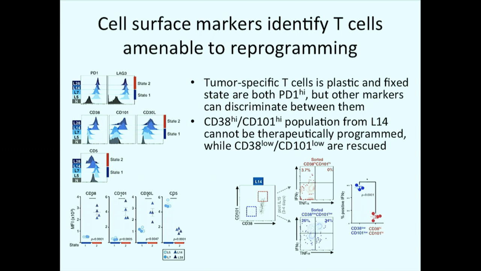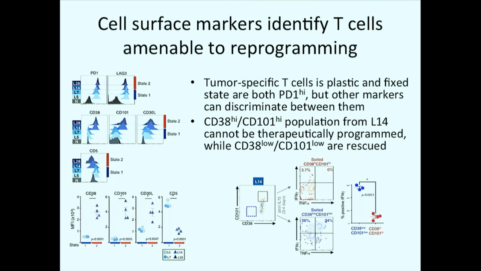But there are other markers that do distinguish between this early plastic dysfunction and fixed dysfunction. And we found, for example, CD38 and CD101, just by looking at gene expression changes, figuring out which ones encoded cell surface proteins, and then checking for antibodies, okay?